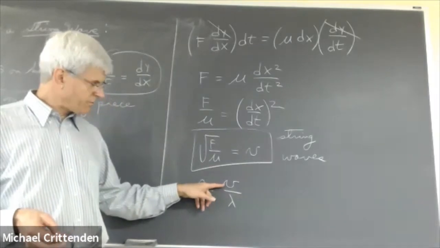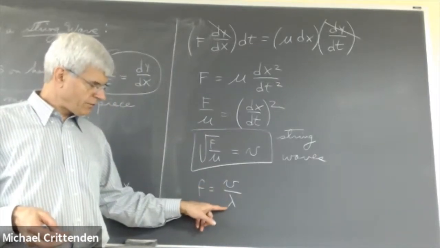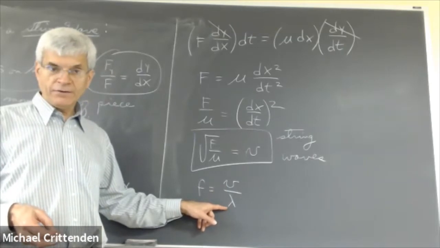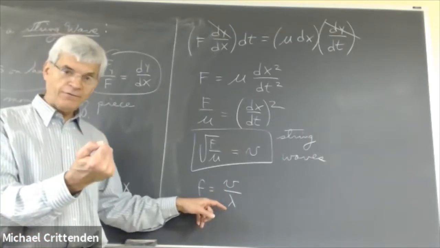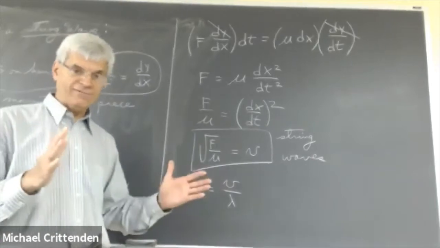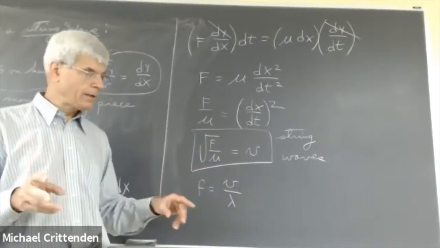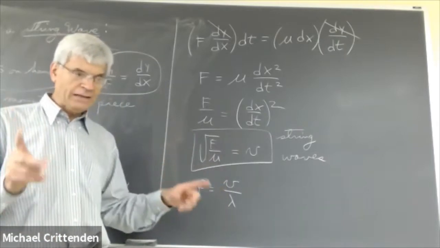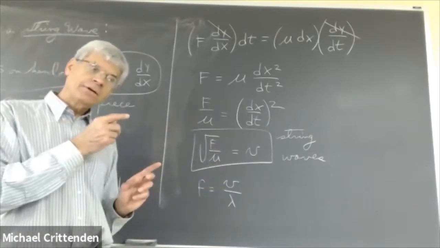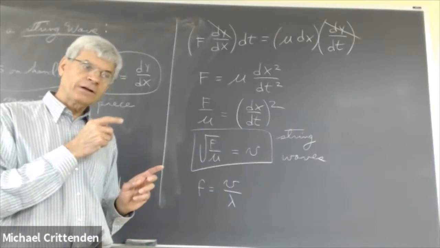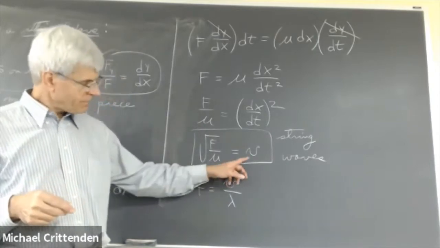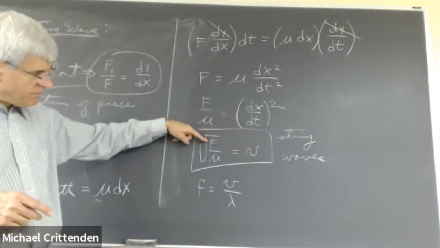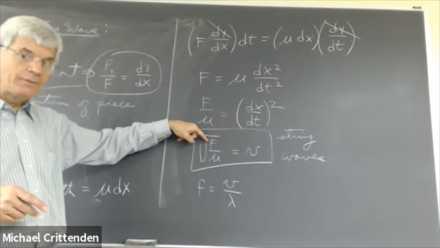Frequency depends on the speed of the waves and also the wavelength of the waves. Well, the wavelength is determined by the length of the string. You change that by putting your finger on the string and pinching off part of it to make it shorter, okay? But aside from that, for a string of given length, if it's not quite the frequency it should be, you can change the speed of the waves by adjusting the tension on it.